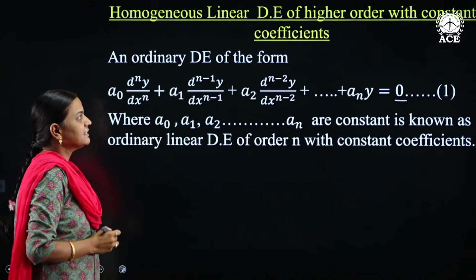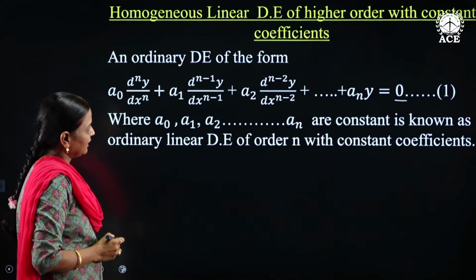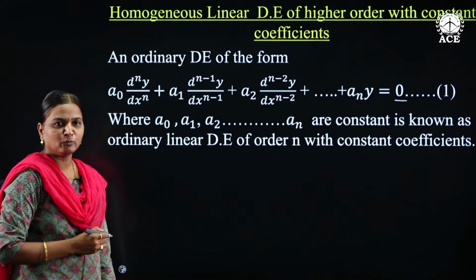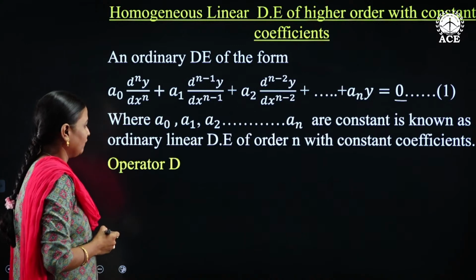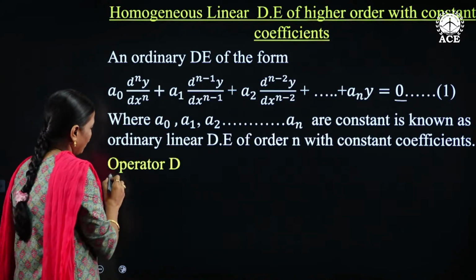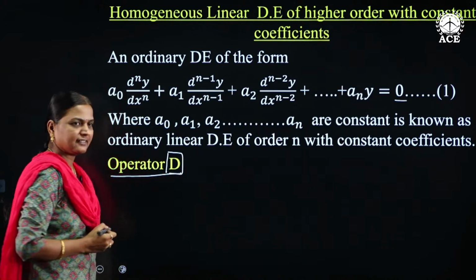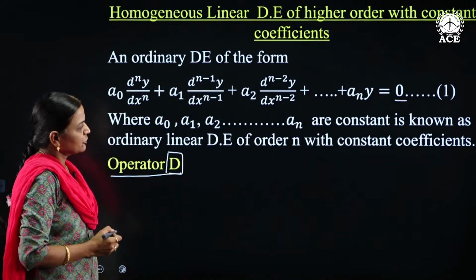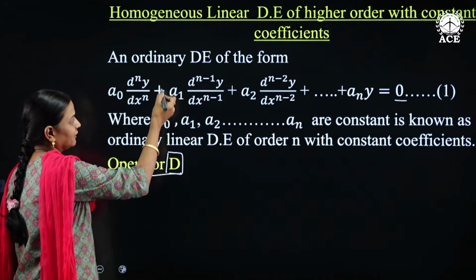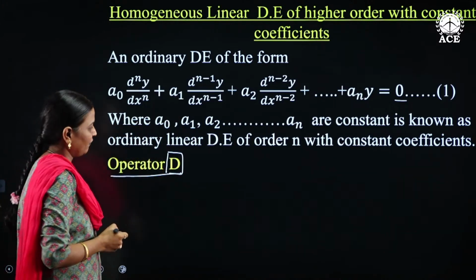So this is the standard form of a homogeneous linear differential equation. And here we use one operator D. What is capital D? Capital D is the differential operator. How to apply this operator to the given differential equation?